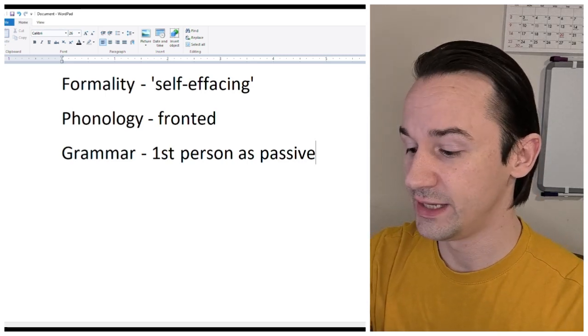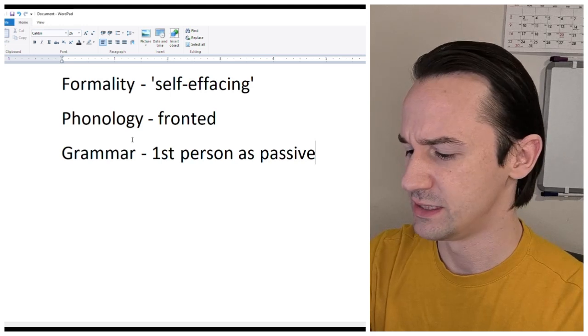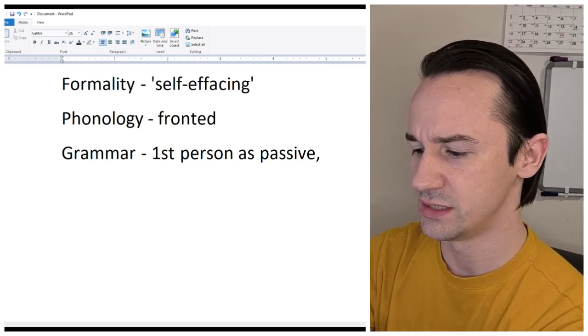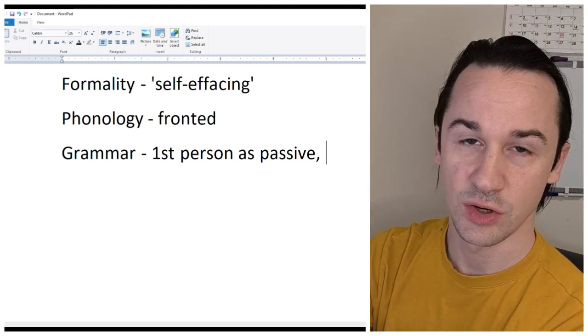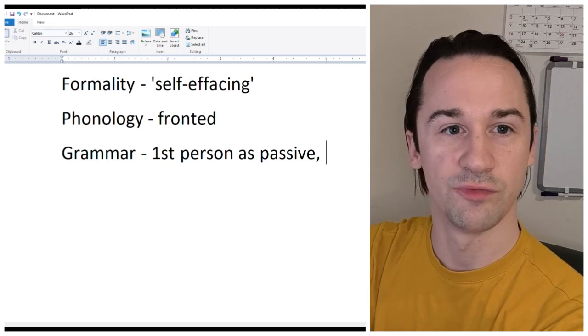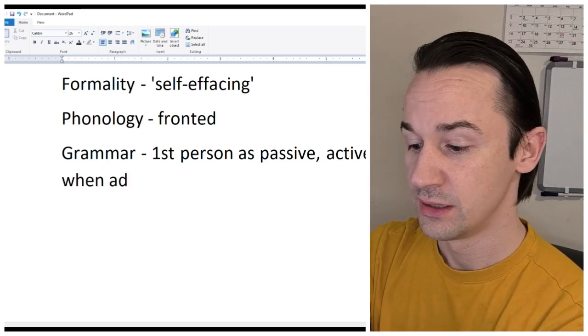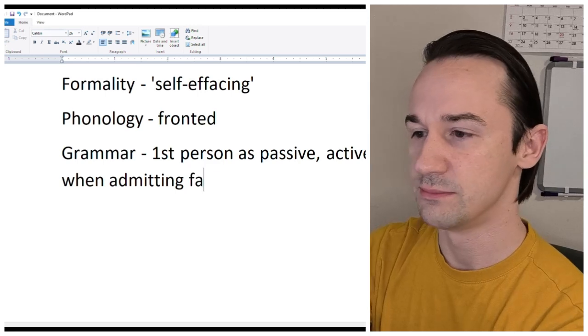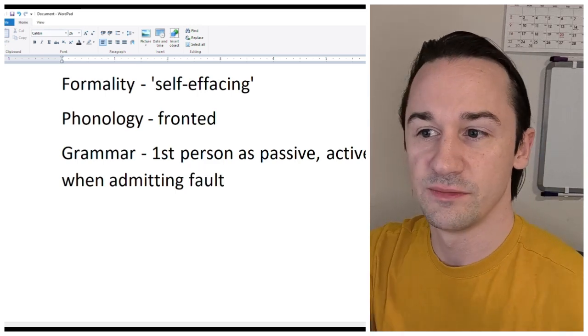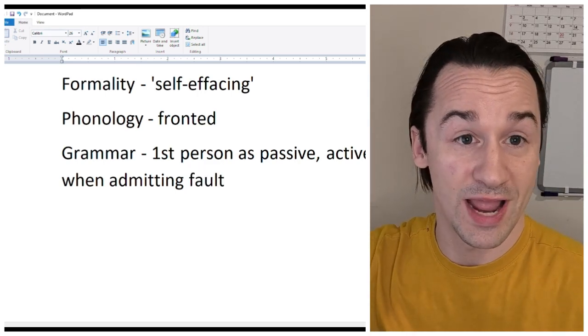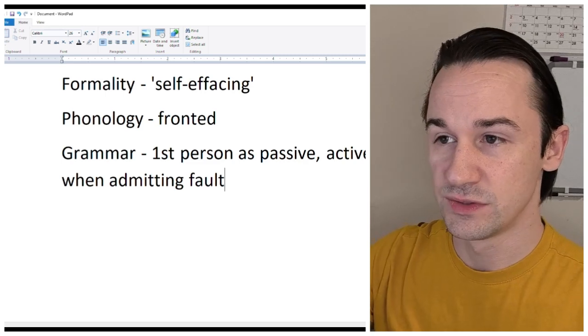And culturally, I don't know where we're going to put this in here, but I also want to include that it's going to allow for first person is active when admitting fault. And I want there to be something that's related to it also in the grammar and the lexicon. So this is just our basic goals for right now.